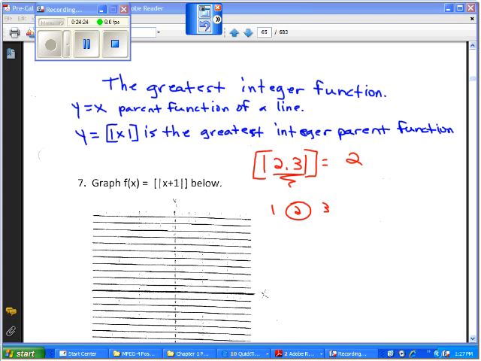Now, let's think about this. I'll let you catch up. Let's go to the other side of the number line. Let's say we had the greatest integer in negative 2.3. Now we're thinking negative 3, negative 2, negative 1. Are you with me? Because we're on the other side of 0.